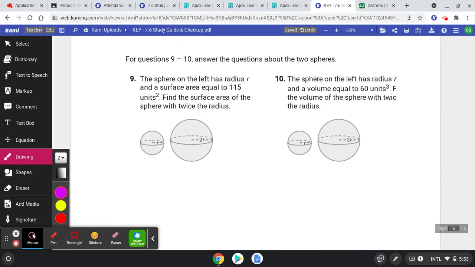Okay, the sphere has a radius of r and the surface area is equal to 115. Find the surface area of a sphere with twice the radius. So if we've got a sphere, let's first do surface area. It's equal to 4 pi r squared.